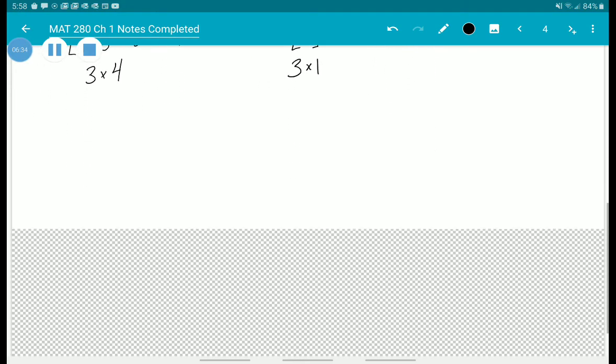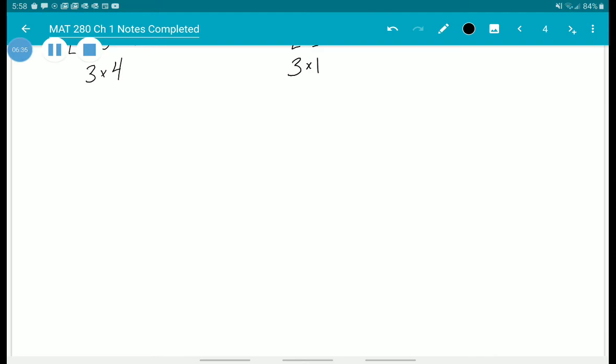Now, matrices are a nice condensed way to write a system of equations. So let's say we have a system of equations.